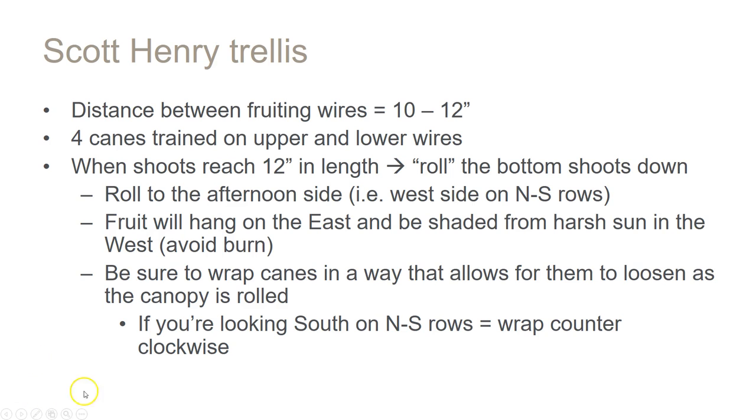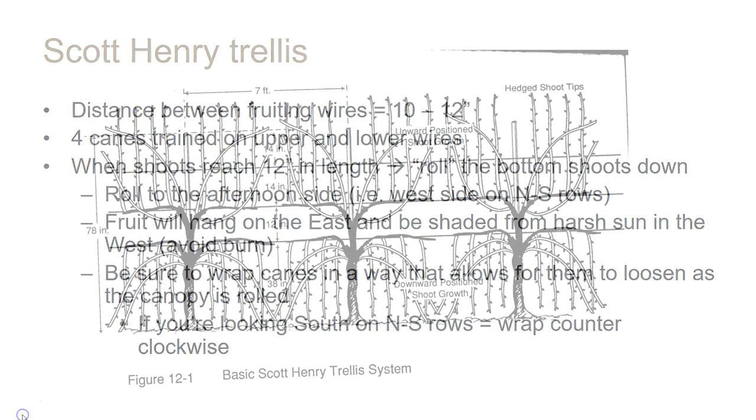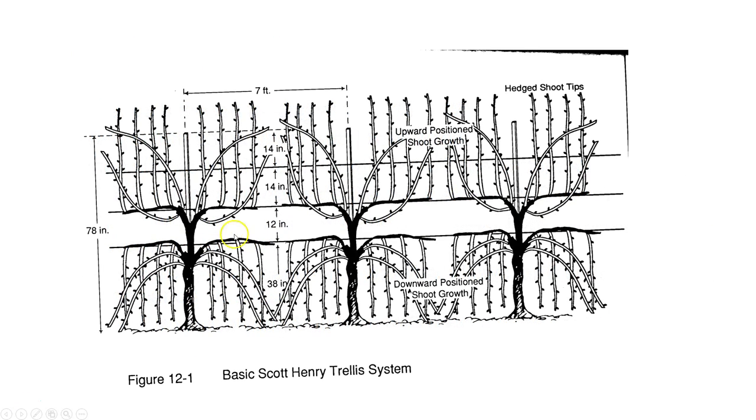Yeah, this just goes over what I said. I'm going to skip through this slide; if you want, pause and look at it. This is more just practically how to do Scott Henry. Again, this is a diagram showing how it looks, and these shoots here are coming from renewal positions, renewal spurs.